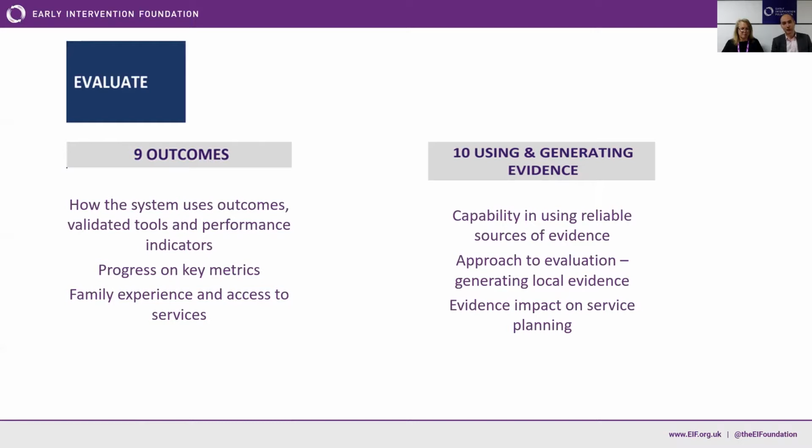And then finally, on using and generating evidence, the matrix considers whether the local area makes good use of reliable sources of evidence, understands different sorts of evidence and how to distinguish between them, and whether there's a coherent local approach to evaluation, whether there is a sense that the local area is generating good local evidence and building on its own learning rather than constantly innovating and losing touch with things that were tested before but weren't sufficiently evaluated to have confidence that they worked or not. And it looks at whether learning from that local place is then being used to inform future service planning.